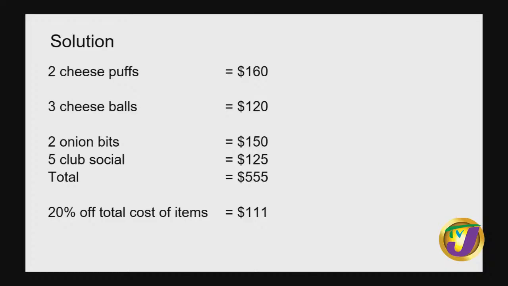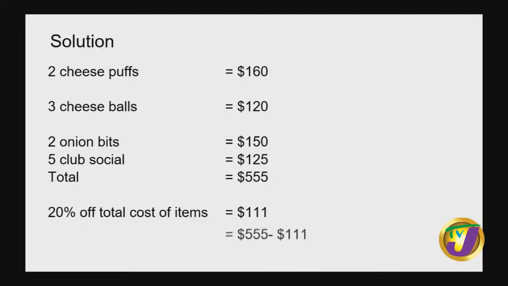Just looking at this, we can tell, because the total cost of all the snacks Bailey wants to purchase is more than $500. And remember, we were told that if she spends a minimum of $500, she will get a $150 discount. So 20% doesn't look attractive, not good for her.